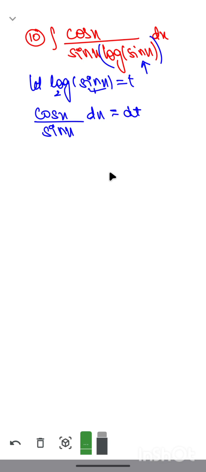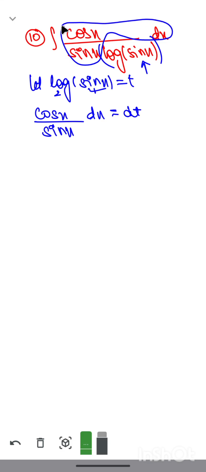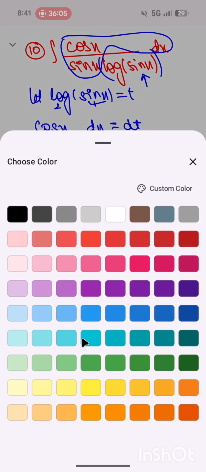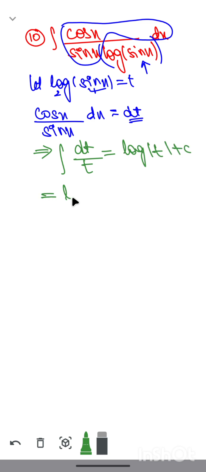So you can observe here that cos x divided by sin x into dx value, directly we are getting as dt, so the given problem can be rewritten as integration of dt whole divided by t, where we took log of sin x as t. Integration of dt divided by t is nothing but log of modulus of t plus c. Finish.